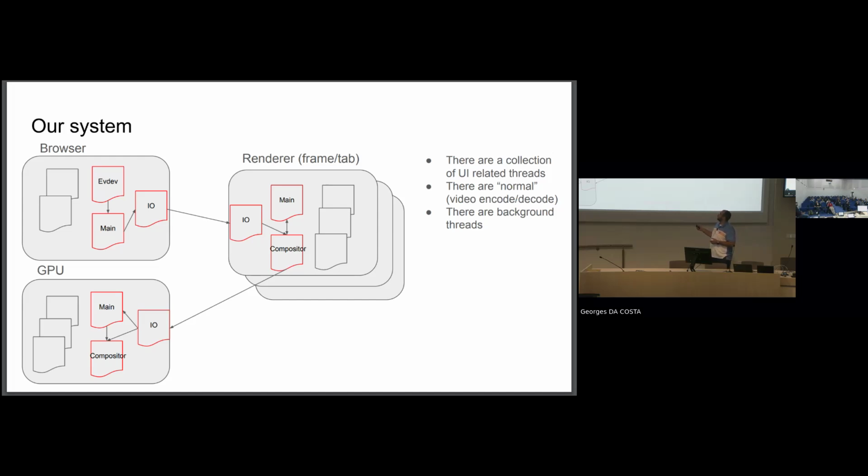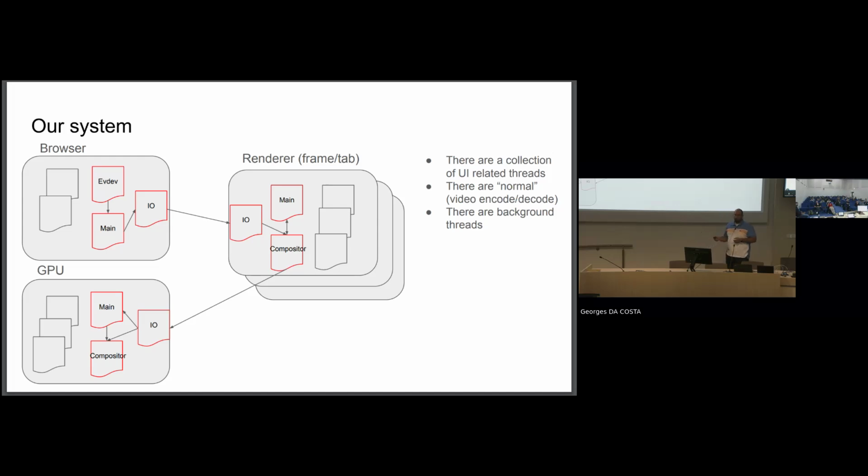Once it's ready to display the UI, it's going to send it back to the compositor thread. From there, it will move to the GPU thread, and we have similar processes. Sometimes it will need to go to the main thread, but mostly it'll go to the compositor thread, which will send it to the GPU.